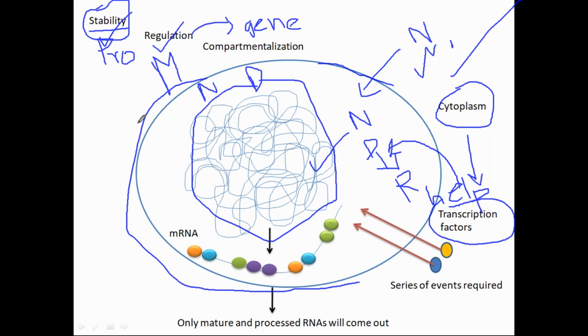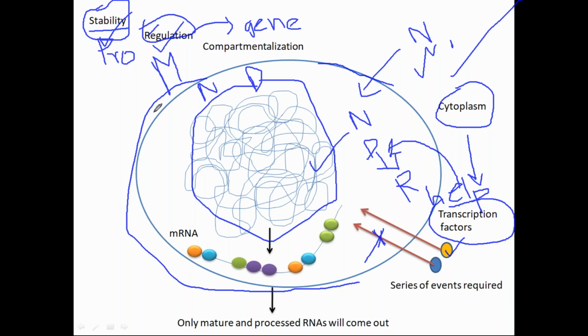Now, I will manage which transcription factor can go and which cannot. So this is a kind of regulation, where I can allow this one to go but will not allow that one.